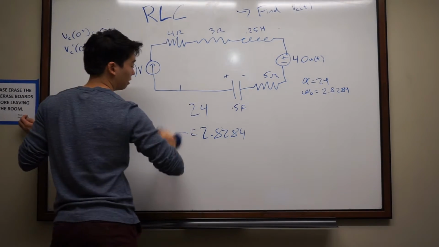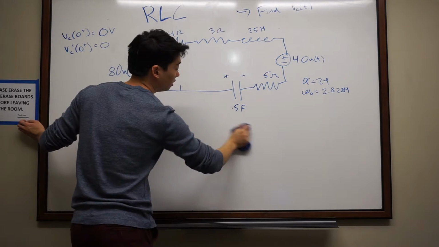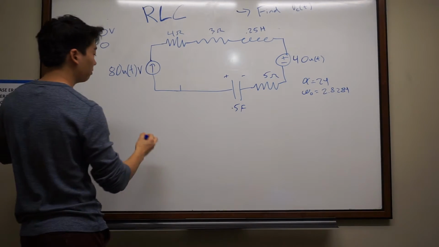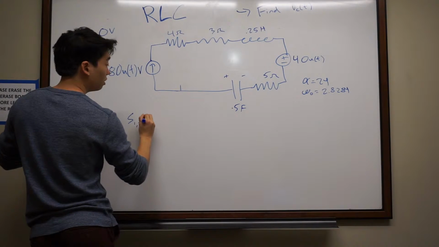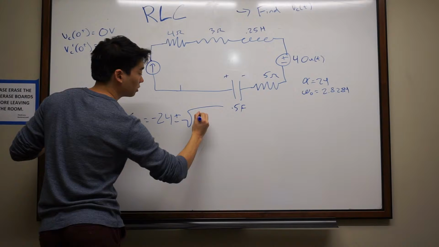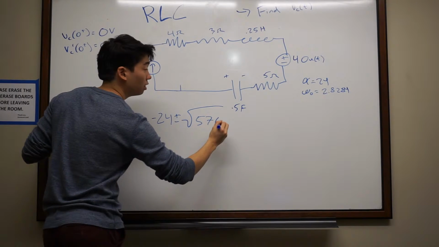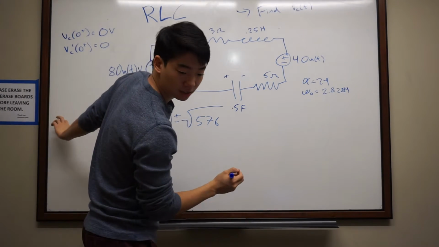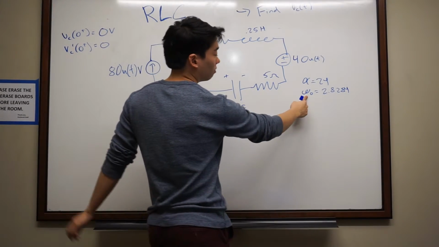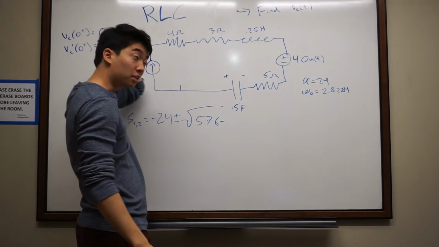And we can confirm that by having real roots when we do S1,2, which is negative alpha plus or minus the square root of alpha squared minus W naught squared, which happens to be 8.